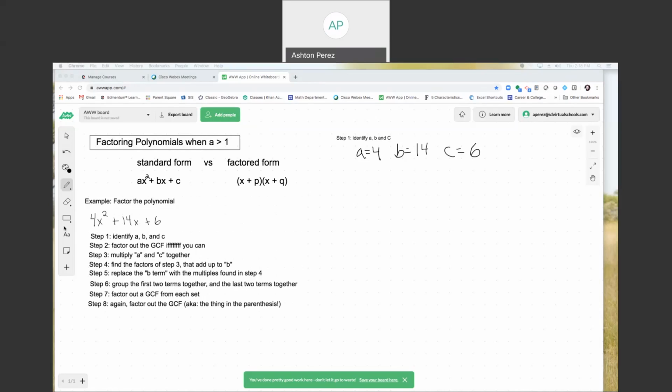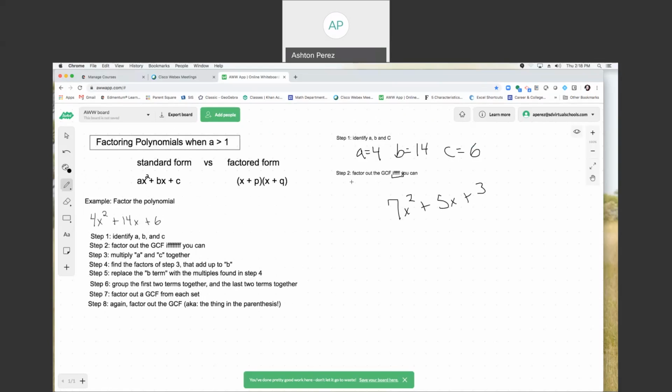All right, step 2 says factor the GCF if you can. I have a large if here because sometimes step 2 can happen and sometimes it can't. If you have something like 7x squared plus 5x plus 3, none of these numbers have a multiple in common, so we can't pull out a GCF.